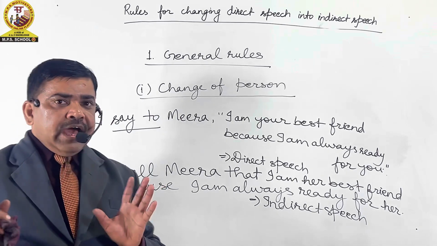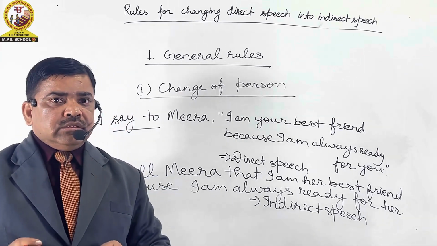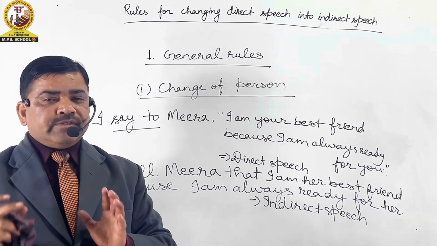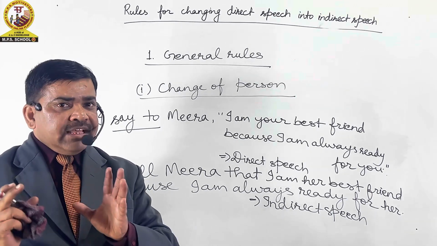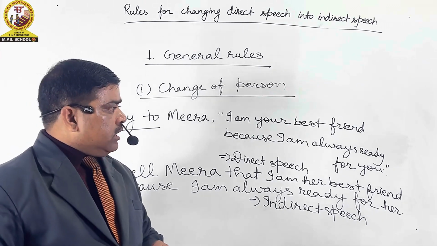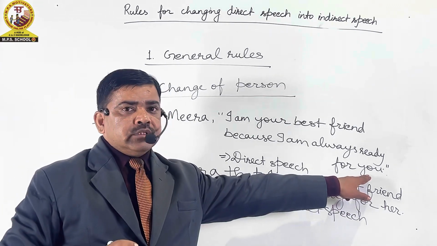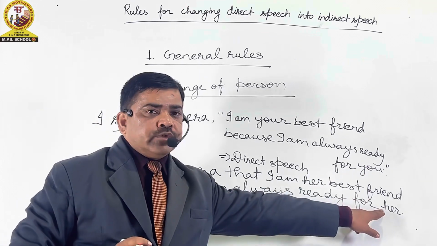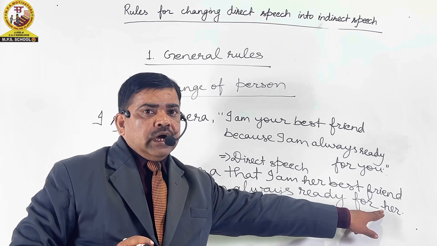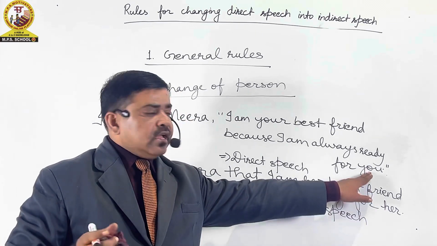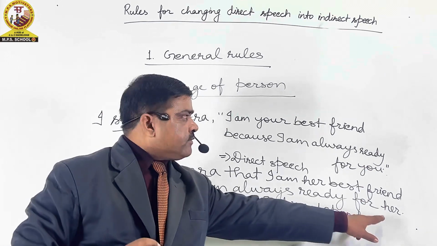Friends, we have to keep it in mind that the case does not change. The person changes, but the case of the person does not change. For example, here you is the objective case, and here her is also the objective case.